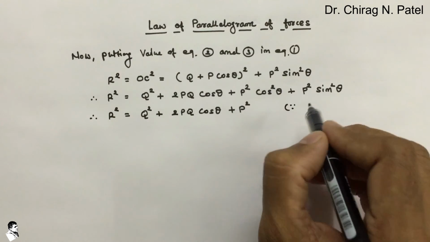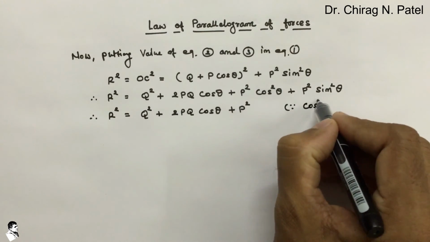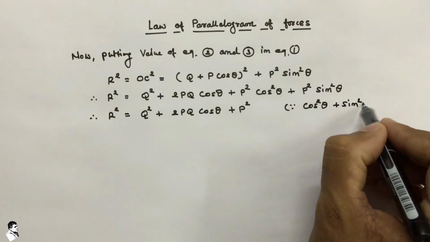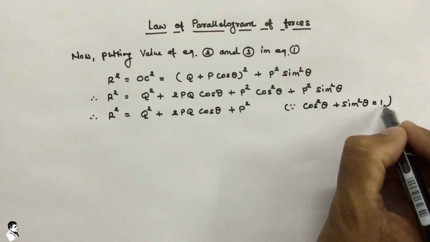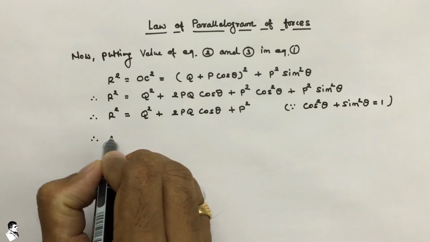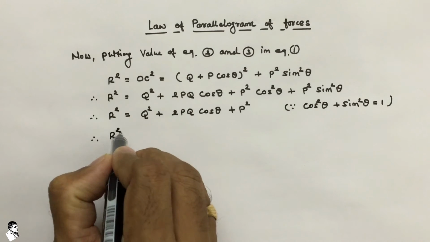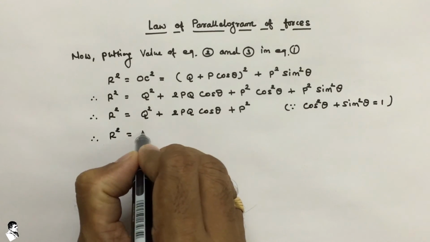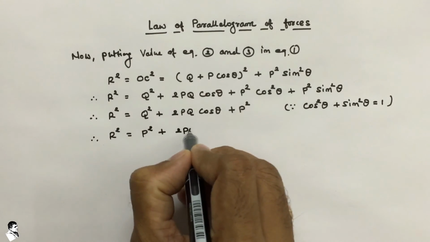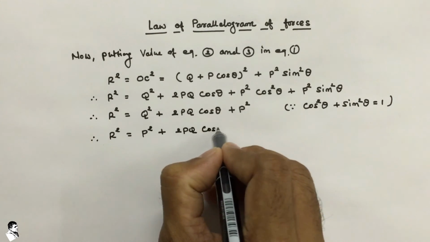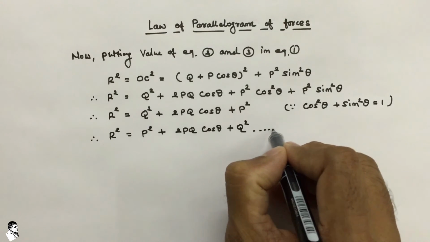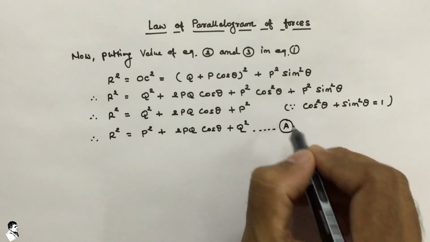But we do not write that here because we know that cos square theta plus sin square theta is equal to 1. So the final equation, rearranged, is R square equals P square plus 2PQ cos theta plus Q square. So this is equation A.